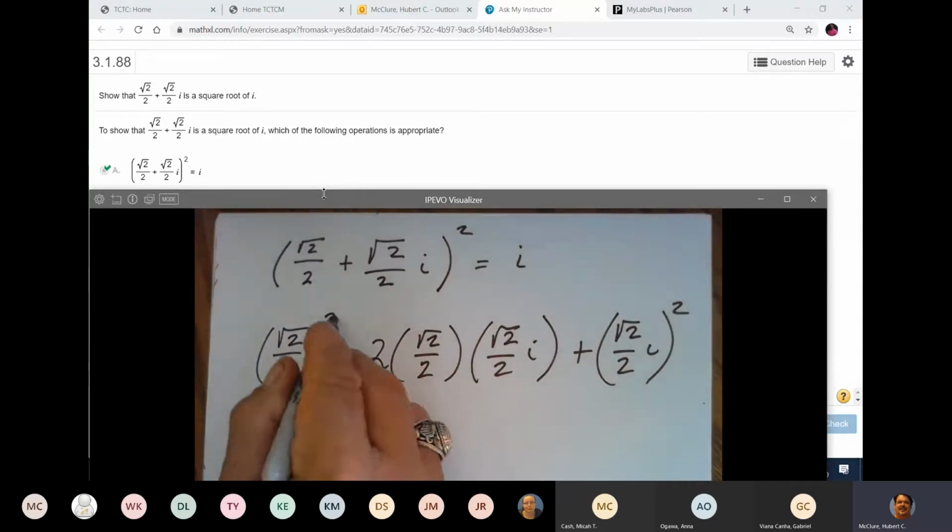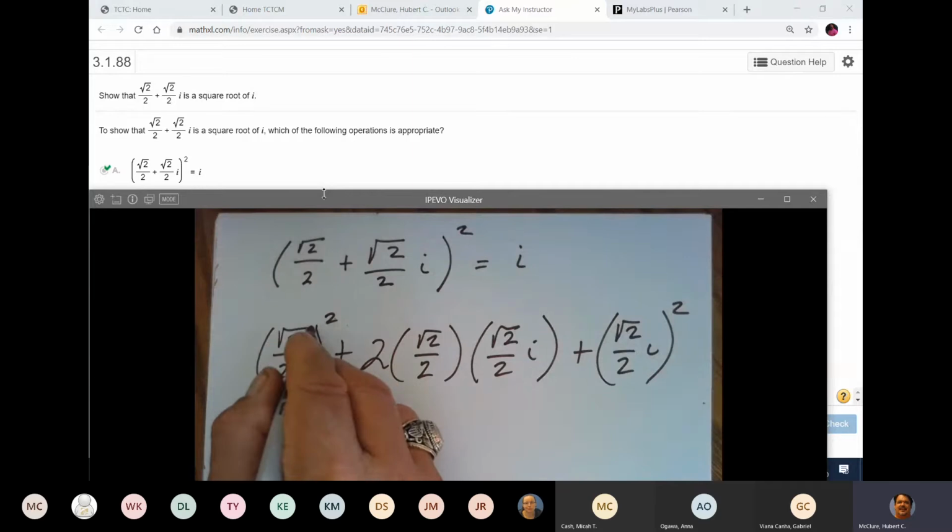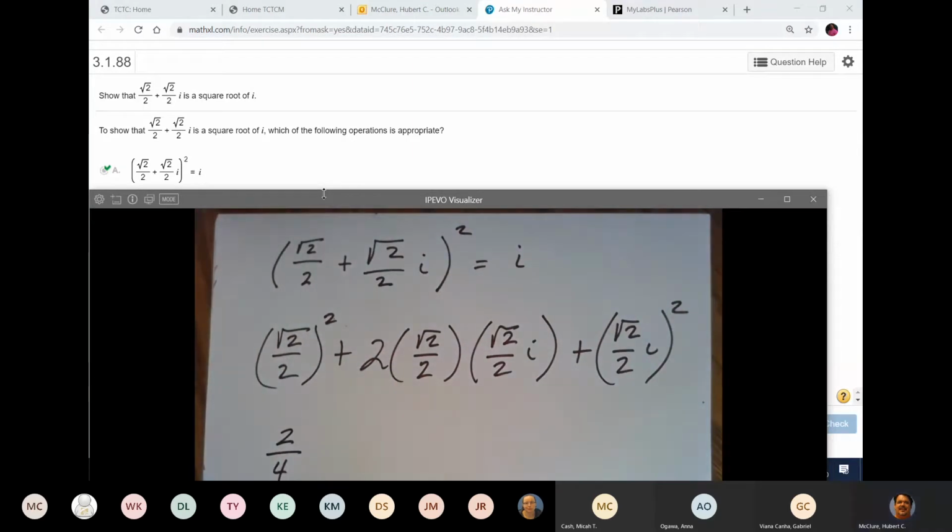And that's going to give you square root of 2 squared is 2 over 4, plus, well, this is going to be the square root of 2 times the square root of 2 is 2. And that's going to be 4.